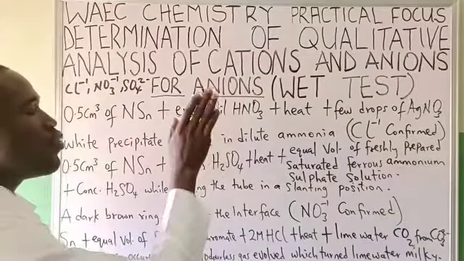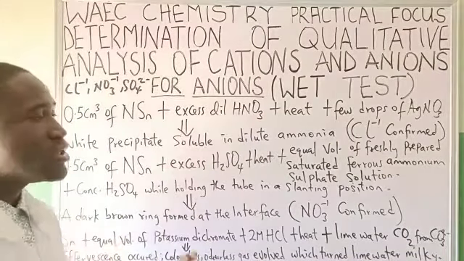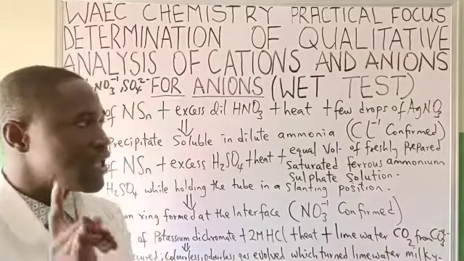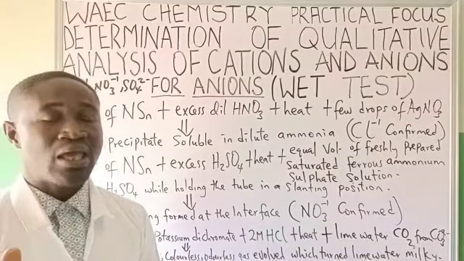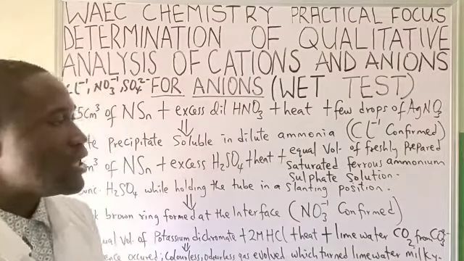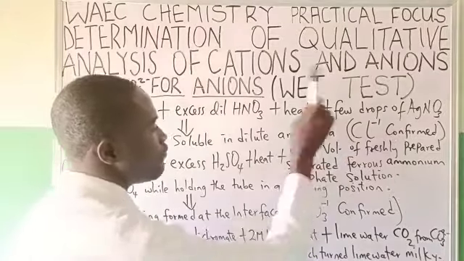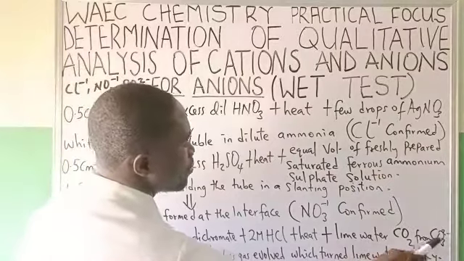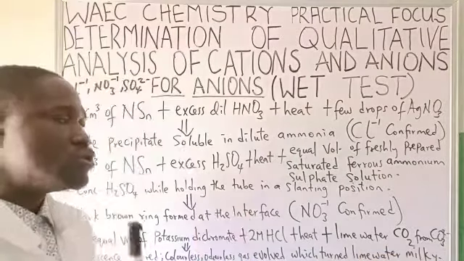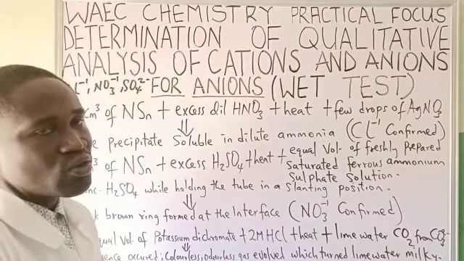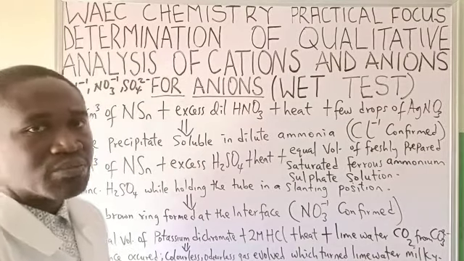When you are following wet test techniques, what you will write in your inference part, please, not interference, is that this is confirmed, CO2 from this is confirmed. You shouldn't be writing present or suspected. You are no longer suspecting, you have confirmed it.